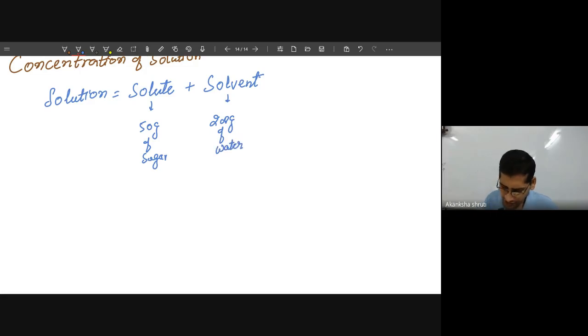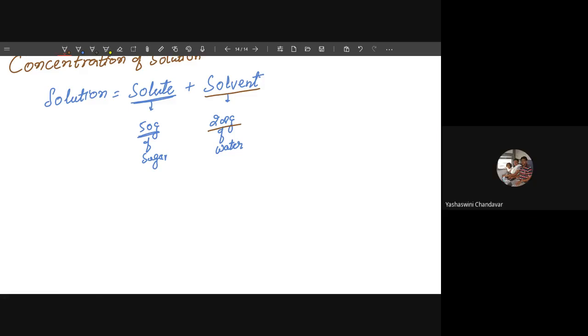So 50 gram is the mass of solute. But what does this 200 gram indicate? 200 gram is the mass of the solvent.